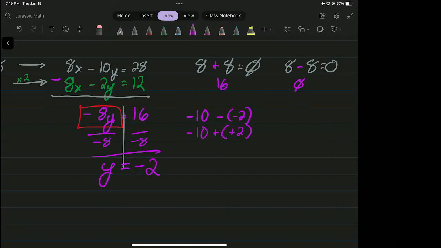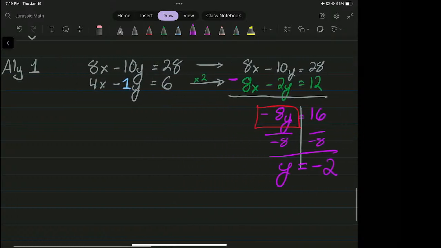So that is half our answers for this equation. Because remember, the point of elimination is to find where two equations will meet to get your solution, or if they would never meet, which would be no solution, or if they're right on top of each other. Since this has a y equals negative 2, there's going to be one solution.